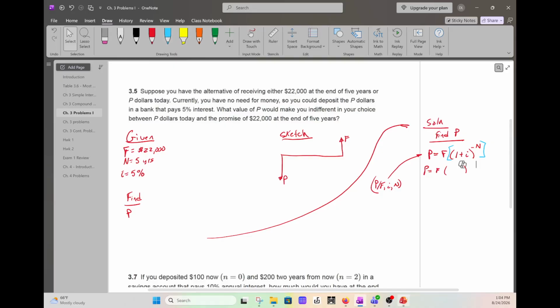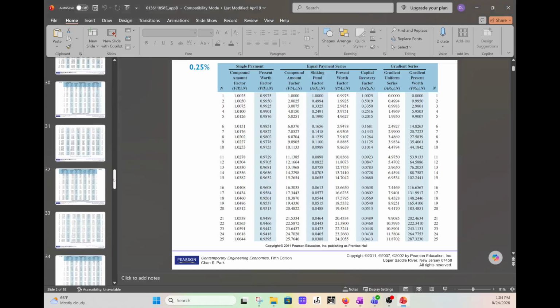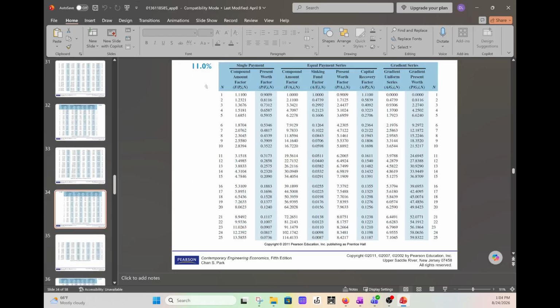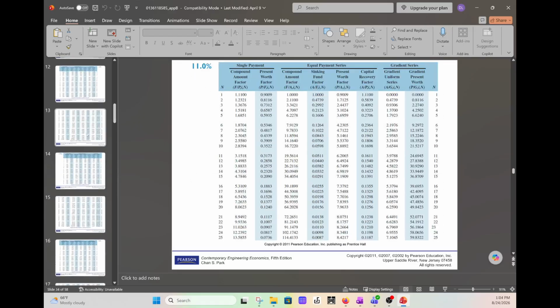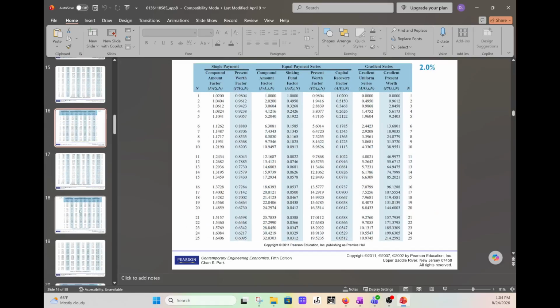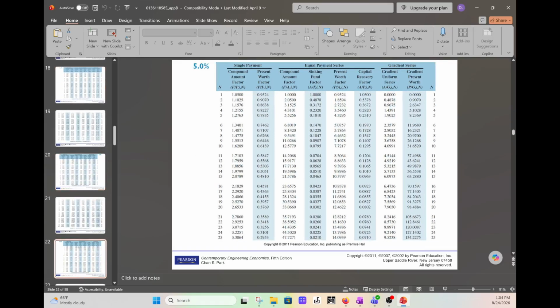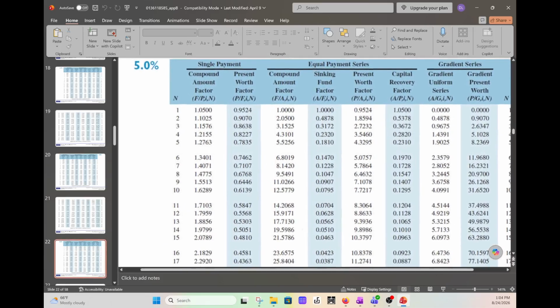So if I go to the table, let's look up 5%. I don't know if I have 5% here. I got 3%, 4%, 5%. Okay, good. Let me zoom in.